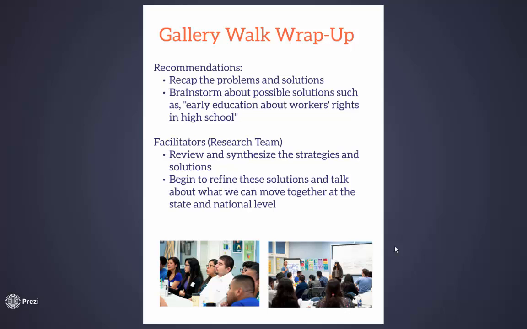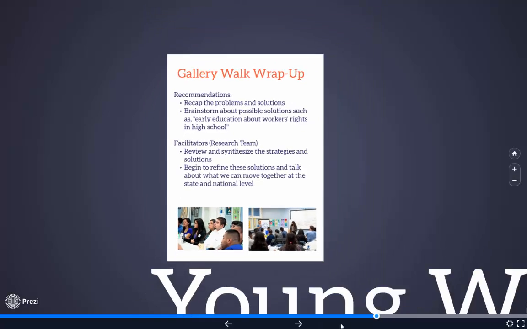For example, if young workers don't know their rights, maybe we could have an early education program in high school, so at an early age, young workers could know their rights. Facilitators in this section, which were the research team, reviewed and synthesized the strategies and solutions. We also began to refine these solutions and notes and talked about how we can move forward with these recommendations, issues that were brought up, questions, and so on.